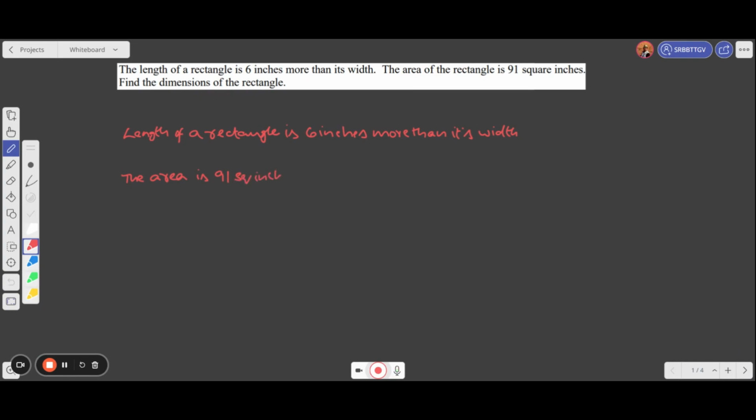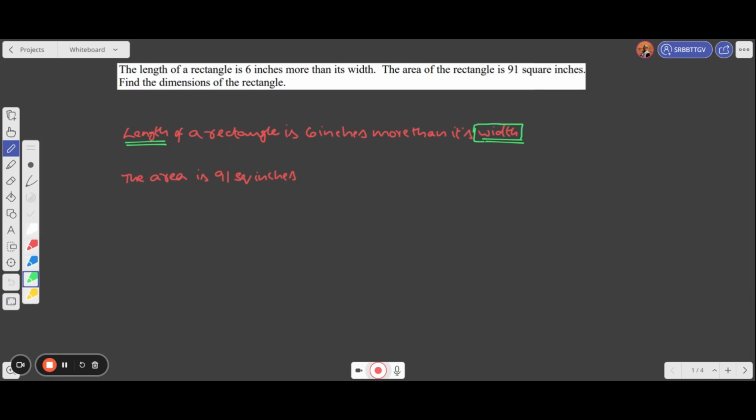Here I'm going to give you an important tip. In this question, you see that the length of a rectangle is 6 inches more than its width. You consider taking whatever value is coming in the second position. Here I see that the length and width are there.